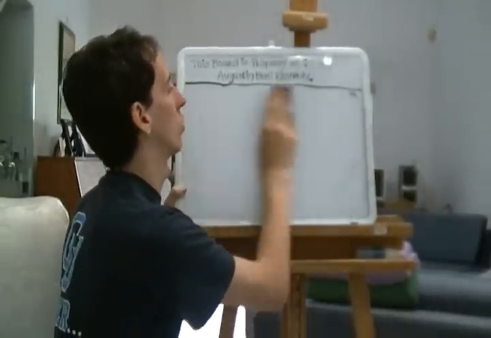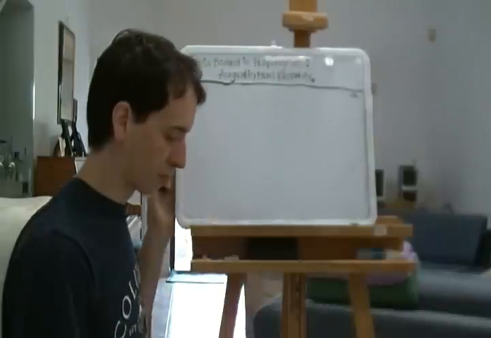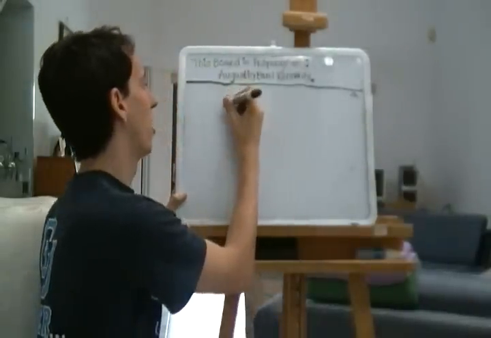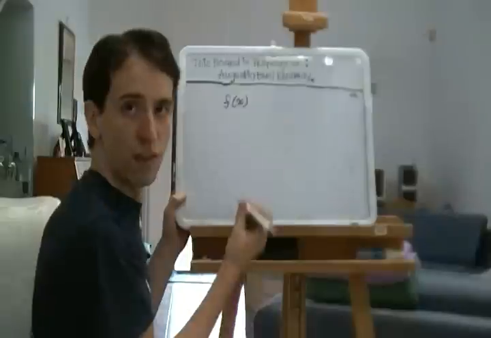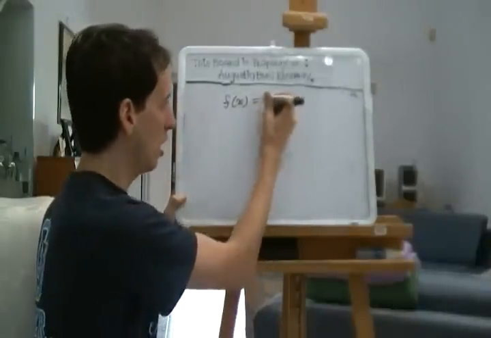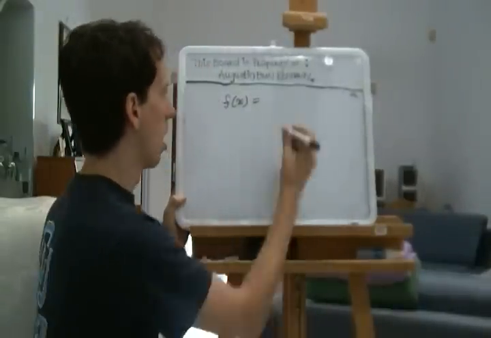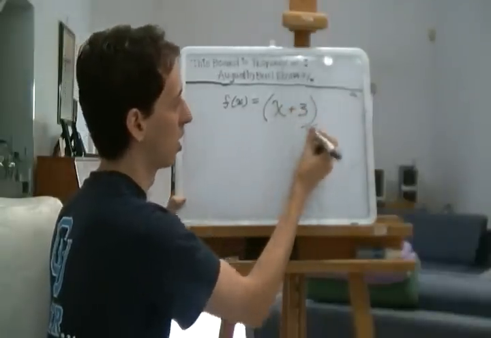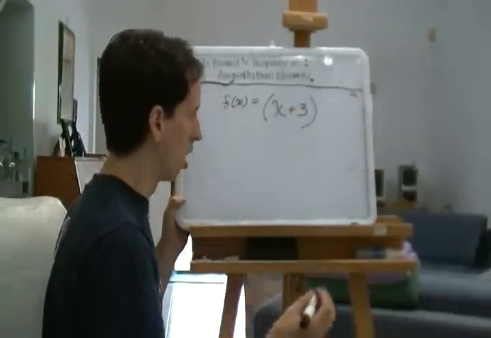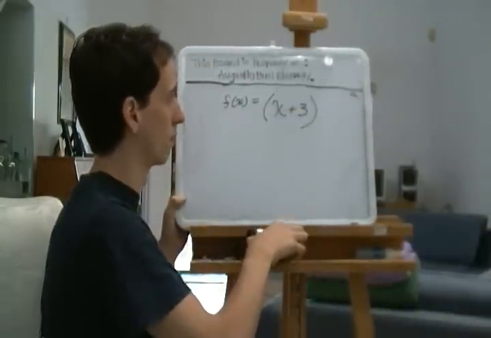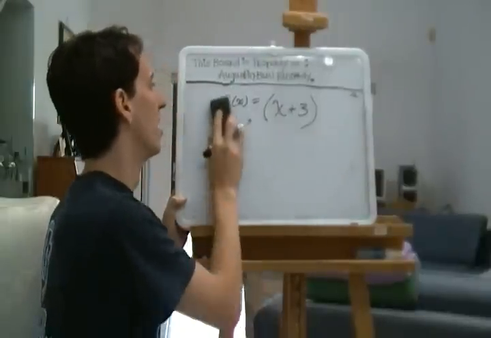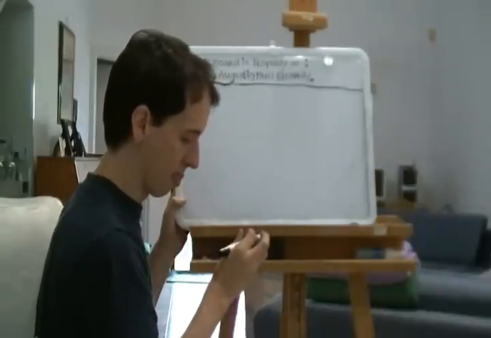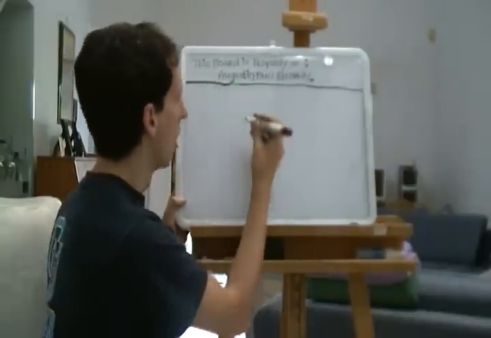Let's see how this works. Our exercise is, here's f of x. Oh, well, yeah, here. Let me reword this.